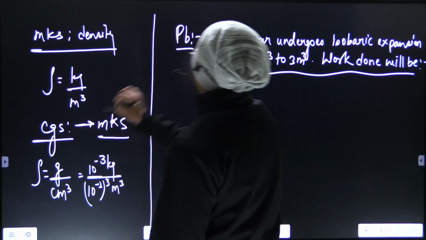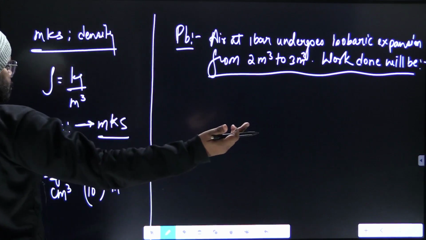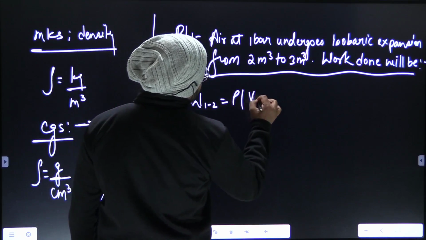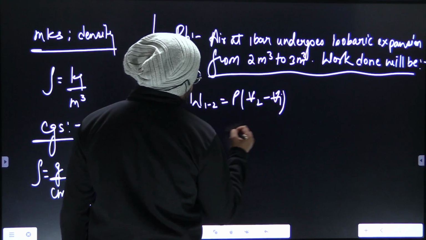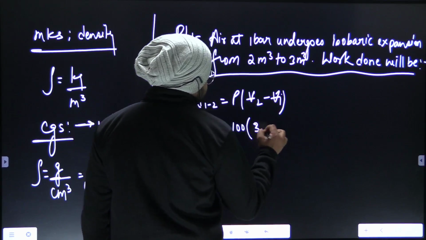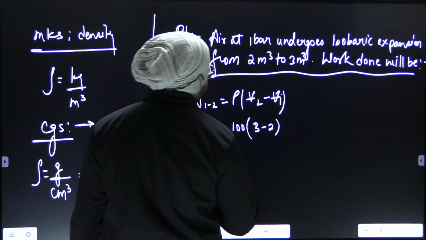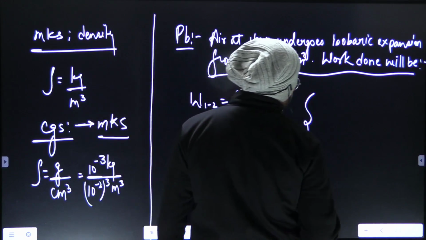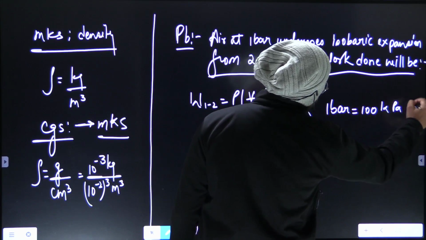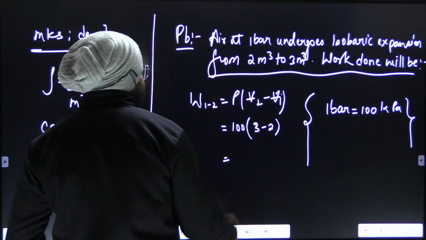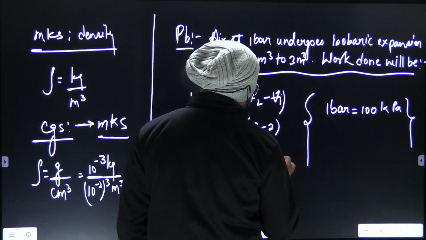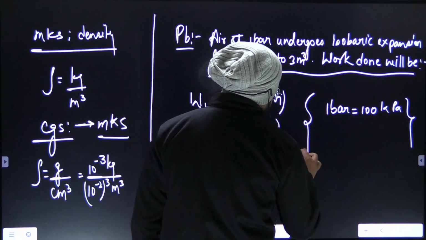What will be the work done now? Simple. Work done at constant pressure is pressure times final volume minus initial volume, right? That means 100 times 3 minus 2. Why 100? Because 1 bar we have already seen is 100 kilopascal. Now let me tell you, this is kilopascal into 1 meter cube.